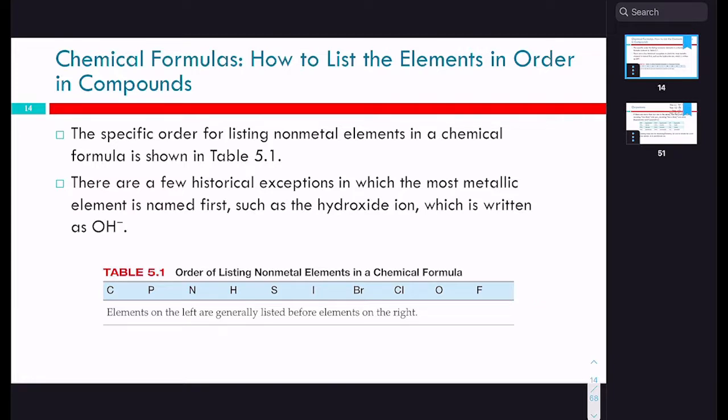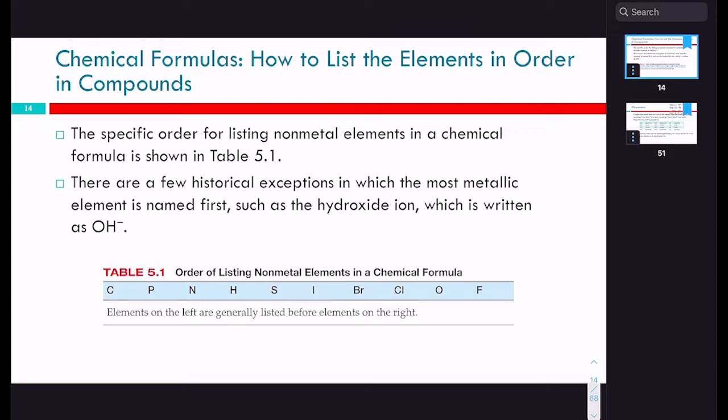It comes all the way back to this table, really, or choosing which one's the most metallic. All the way left on the periodic table are the most metallic elements, and on the right side, the least metallic elements. So for the nonmetals, carbon is more metallic than nitrogen, and nitrogen is more metallic than oxygen.